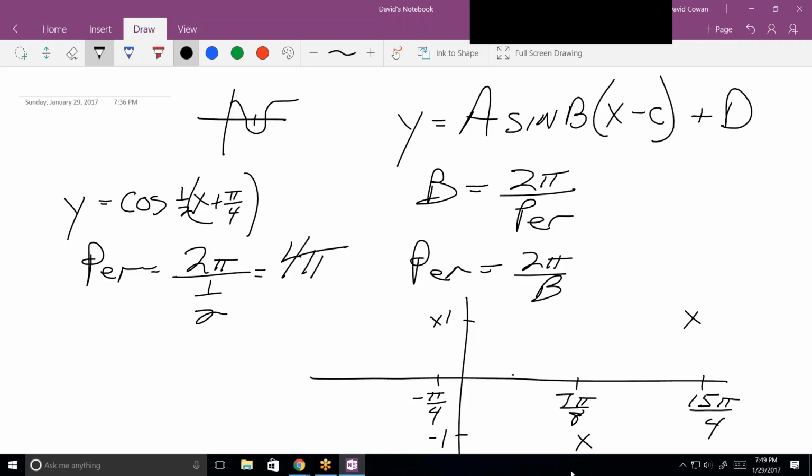What is this midpoint? Add this one to this one, divide by 2. Five pi over 4. It's actually 3 pi over 8.